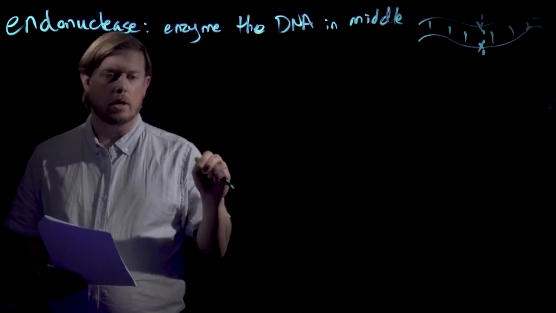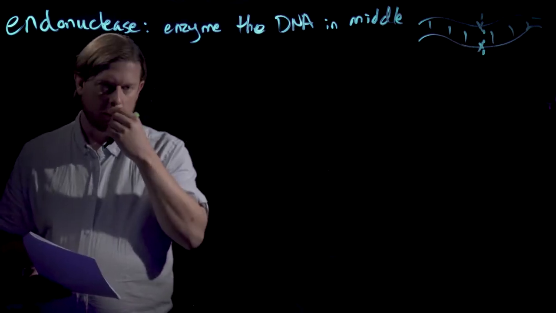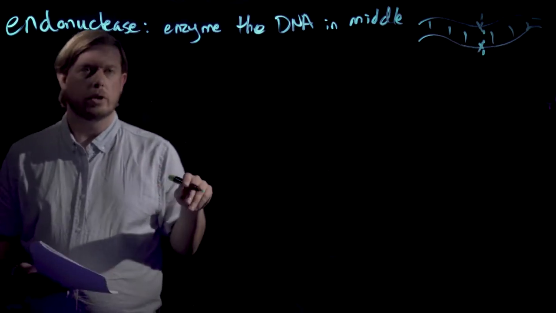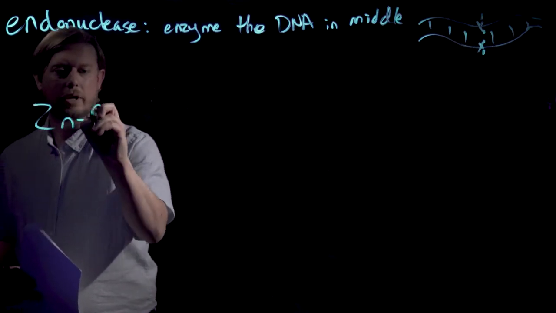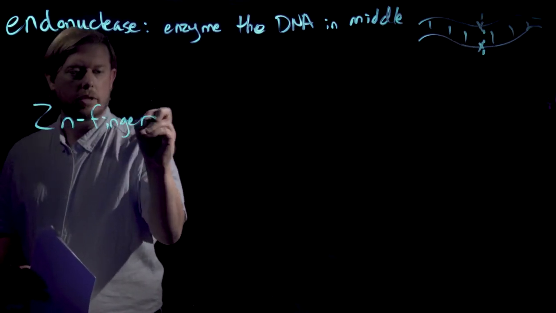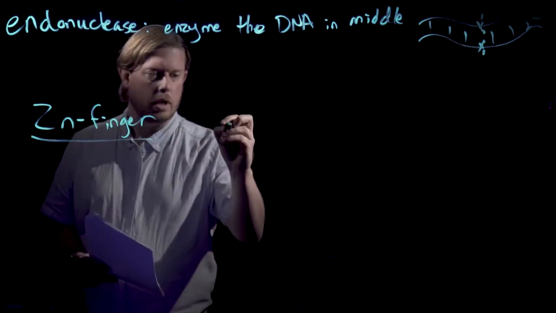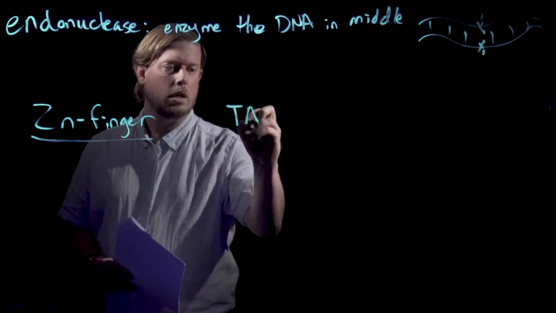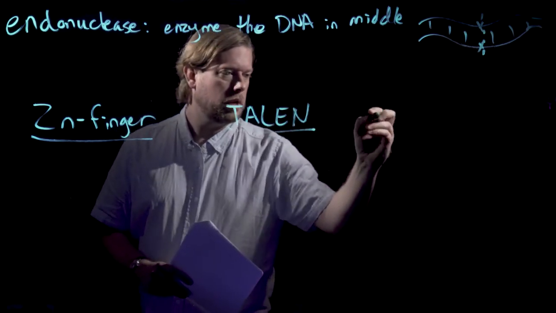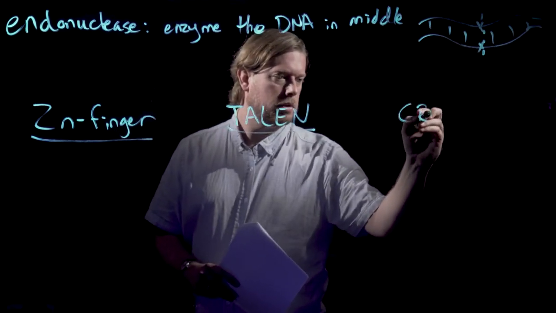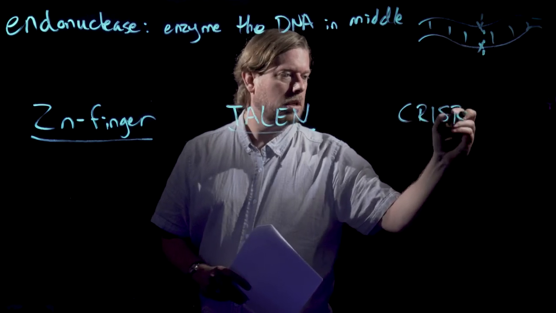Now, there are three categories of these types of targeted restriction endonucleases that you're going to see referred to. These are zinc finger endonucleases, TALEN systems, and CRISPR systems, specifically CRISPR-Cas.